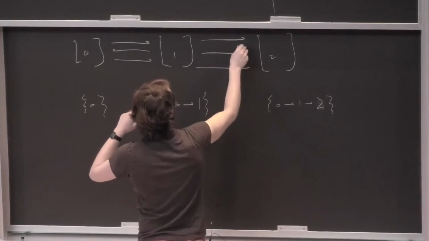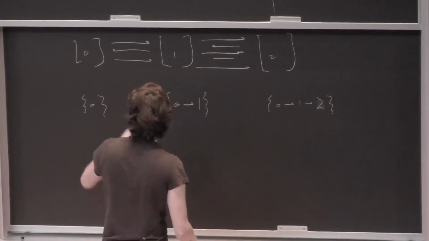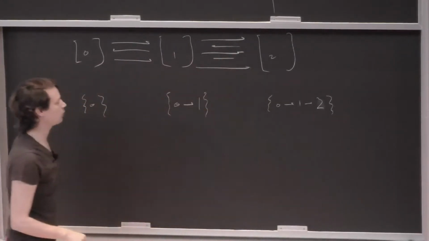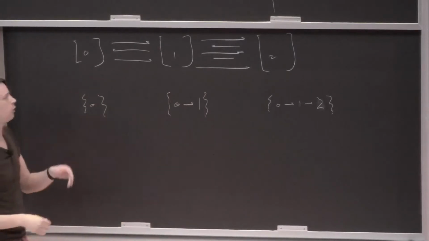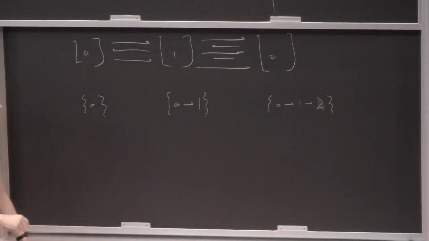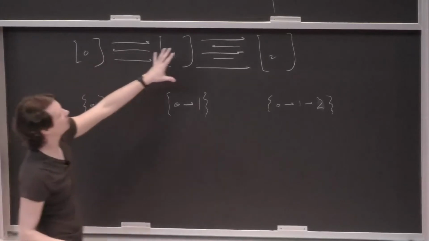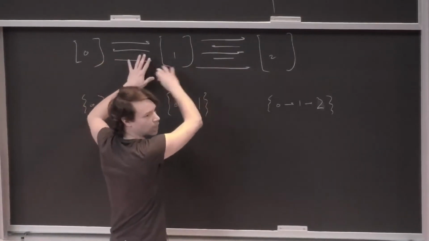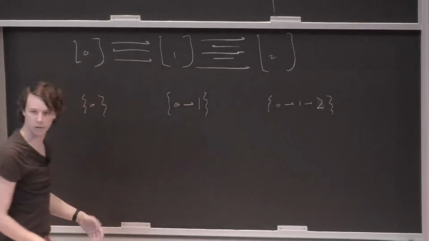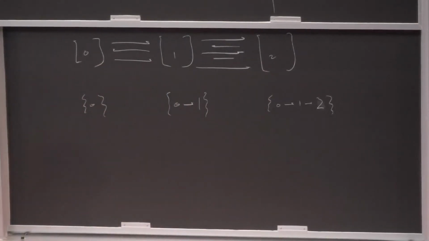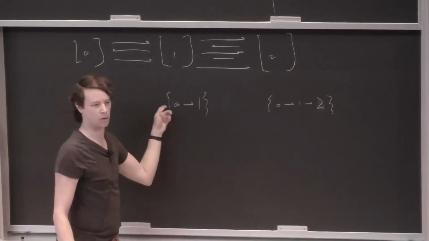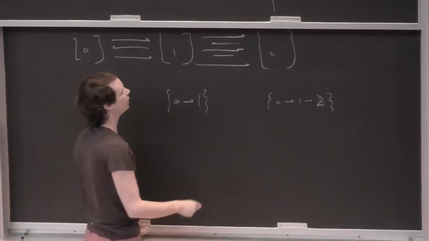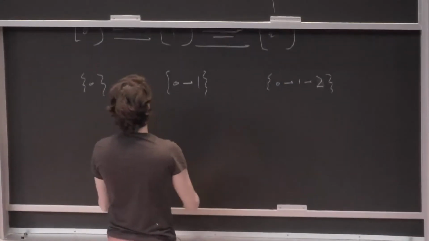I can include these three ways. I can collapse these. The ones going up are face or coface maps, and the ones going down are degeneracy maps. This is kind of what this category looks like, and all of the morphisms are compositions of these morphisms that satisfy a bunch of axioms that you can figure out just bearing in mind what these objects are. Okay? So that's what the simplex category looks like.